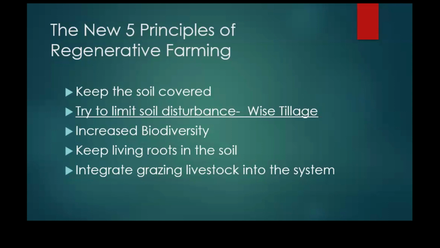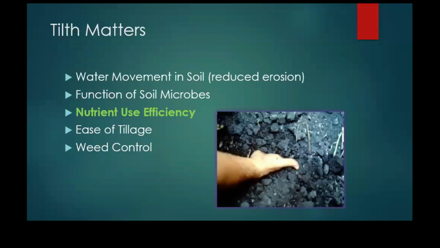So tilth matters. Dean talked about that extensively. If we're going to try to grow crops with reduced inputs, tilth is very important. Tilth affects a lot of things. It changes the way water moves in the soil. If we have good tilth, we're going to infiltrate more rain when it does rain, so there's less runoff, less erosion, less nutrients leaving the farm.